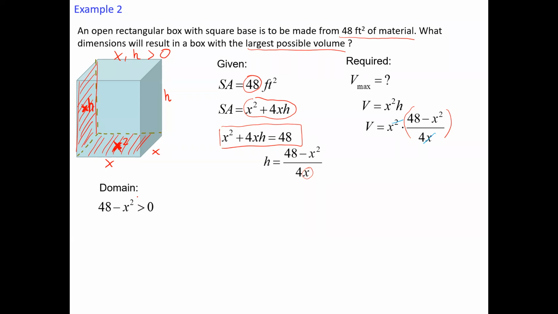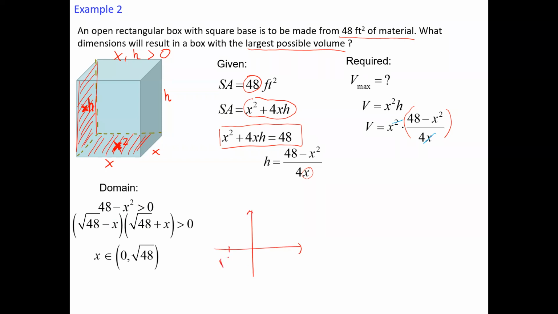Let's solve this quadratic inequality. I did factor it out and I have the answer, but let's do it on the side. We will have 2 zeros, the square root of 48, negative and positive. Because we're looking for this product to be greater than 0, we have to test it.